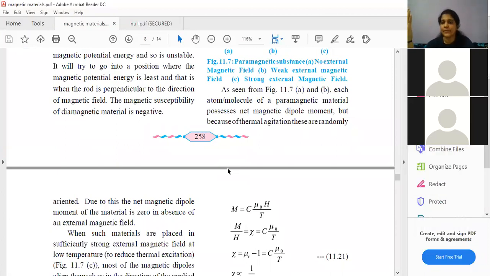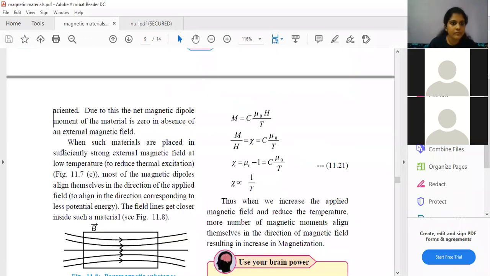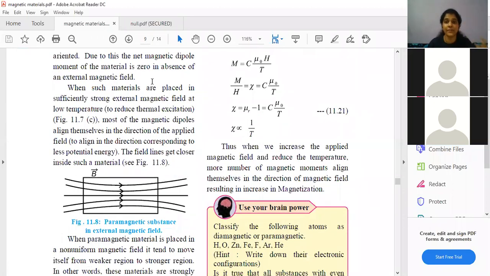Because of high temperature, they are randomly oriented. So if you want to align them, like if you want A to become C, with the random orientation becoming one direction, you also have to lower the external temperature, because high temperature leads to excitation. This is one point.